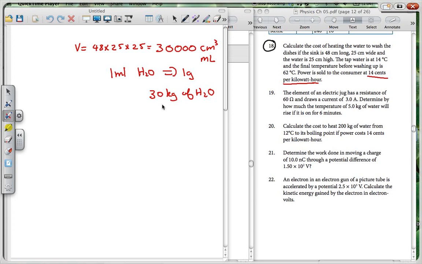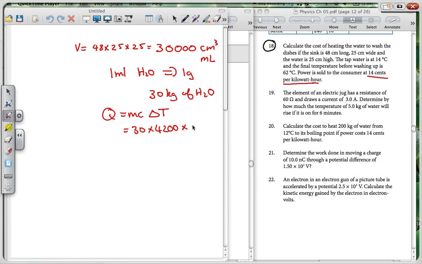So in finding out, we're going to need to use our heat formula. Q is equal to mc change in T to work out the amount of energy. So that's going to be 30 times, we can use 4,200 for the specific heat capacity of water, and the temperature rise goes from 14 to 62.